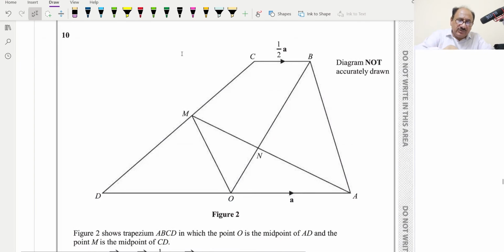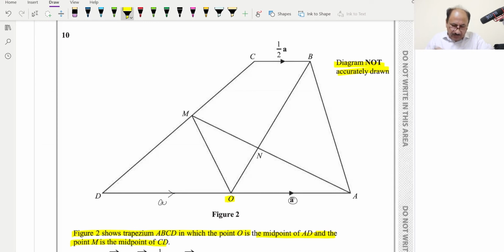Diagram is drawn which is not to scale or not accurately drawn, and if we go to the question, figure 2 shows trapezium ABCD in which point O is the midpoint of AD. So this is midpoint, so it means if this is A, so this will also be A with this direction. And next thing is point M is the midpoint of CD, so M is midpoint of CD.